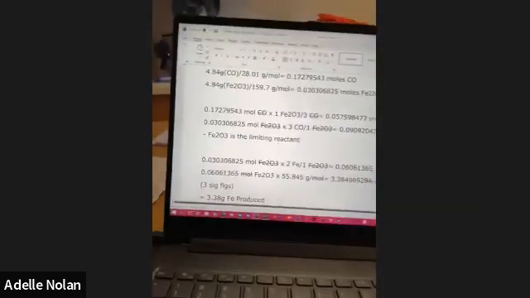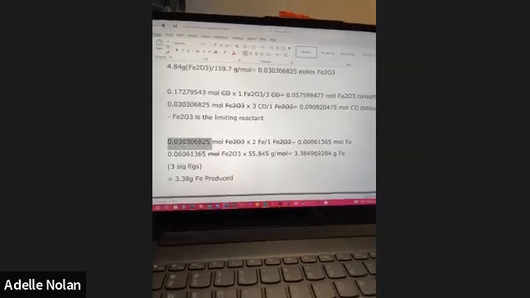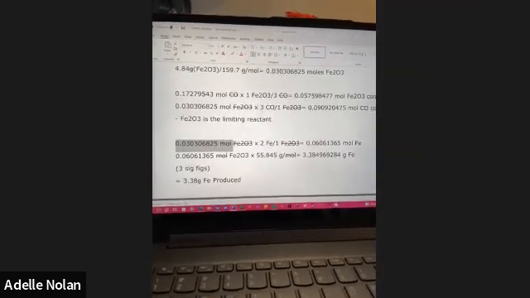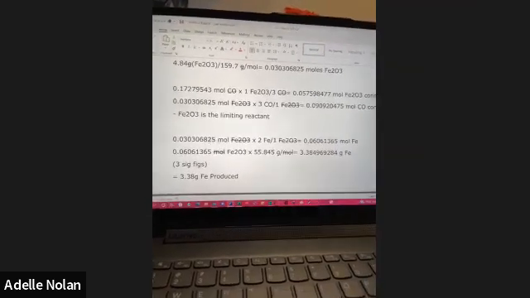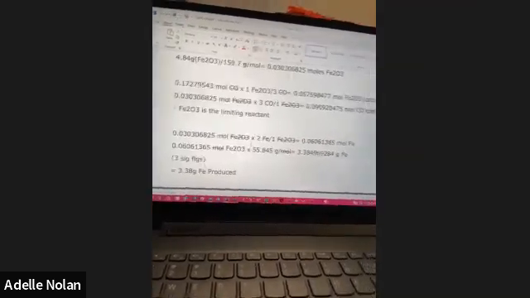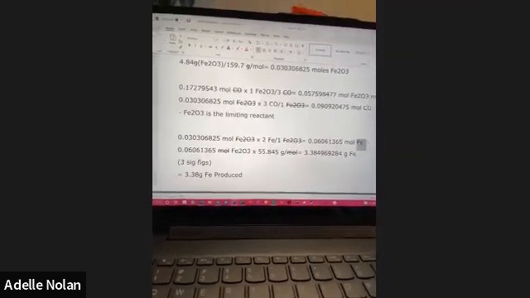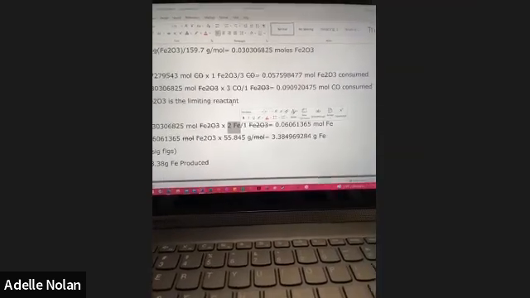Okay, so now that we've established that the iron oxide is the limiting reactant, we solve accordingly. So we take the measure in moles of the iron oxide, which is the 0.030306825 moles of iron oxide, and you multiply that by a ratio. Since you're wanting to find the amount of iron, you put iron on the top of the ratio.